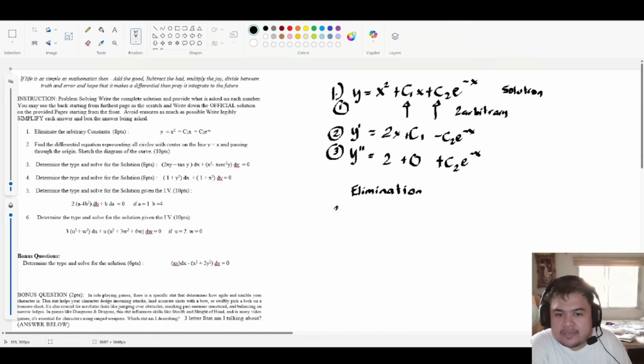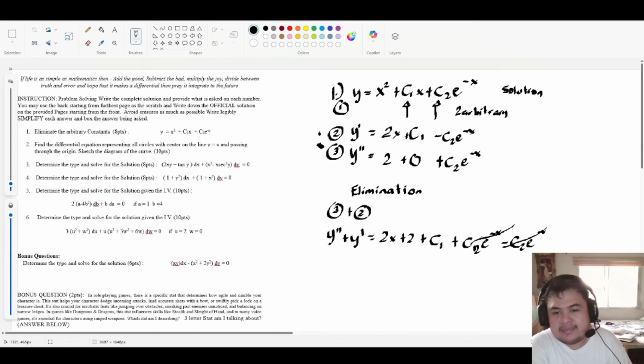For example, equations 3 and 2 have positive C2 and negative C2. If you add those, the left side is y double prime plus y prime, and on the right, 2 plus C1, then positive C2 e to the negative x minus C2 e to the negative x. The positive and negative C2 will cancel each other out or become 0.